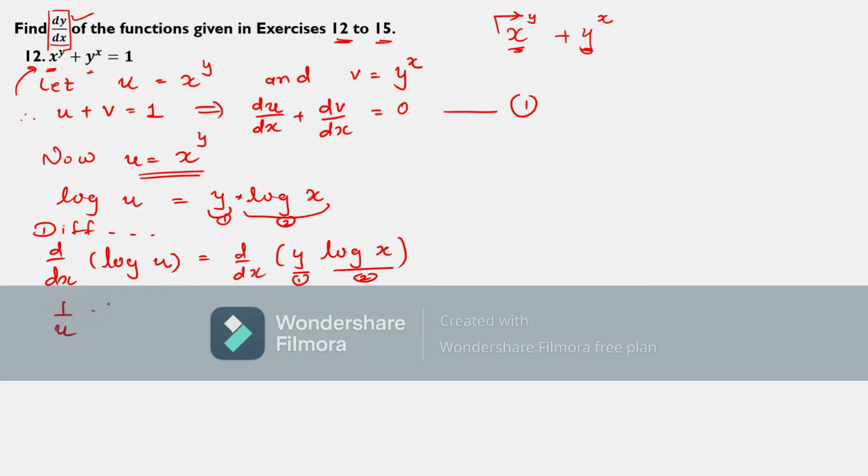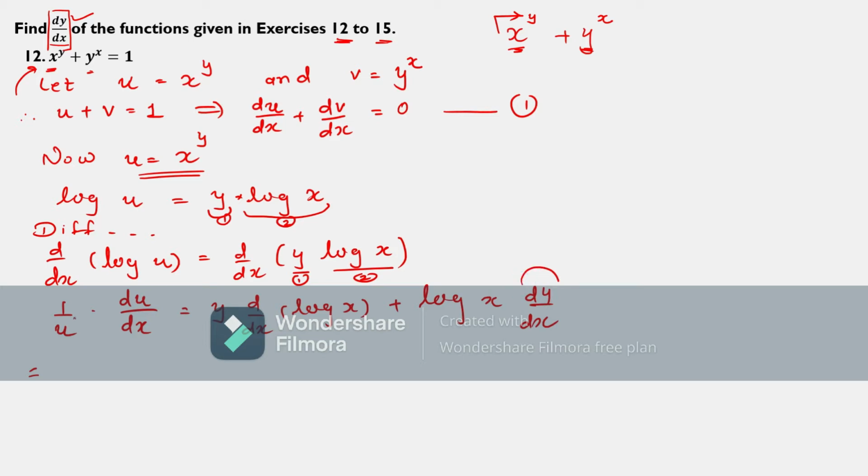Since we have to use the chain rule, because u and x are different variables, du by dx will be there. On the right hand side it is the product rule: first quantity as it is, differentiation of second, plus second quantity as it is, differentiation of first. That is how dy by dx came over here.